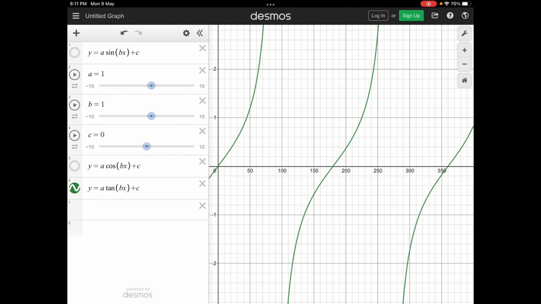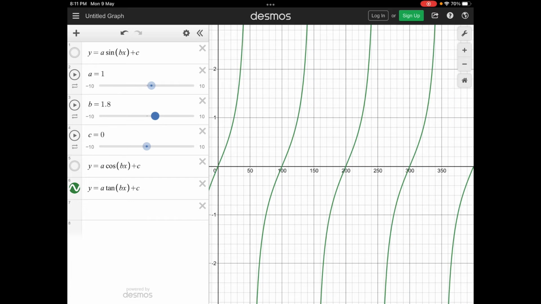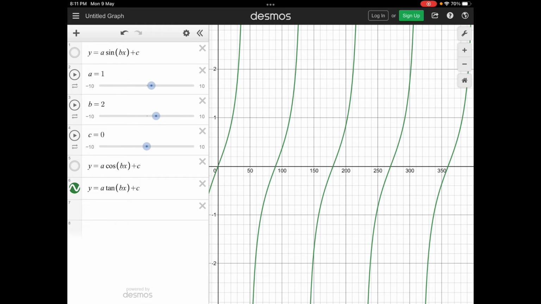And in the same way as the previous graphs, if we increase the value for B, we increase the frequency. So if we increase the frequency for tan to 2, that now means that we have twice as many tan graphs within 360 degrees. And remember, tan is only taking 180 degrees to repeat itself, which means we're now actually going to have 4 copies.